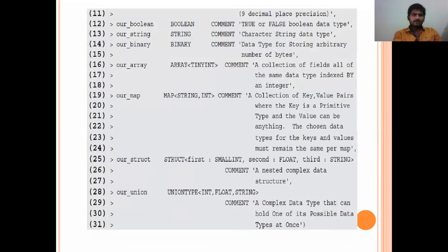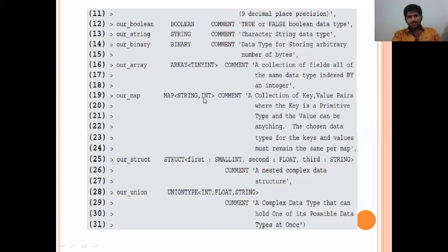See here, we have boolean. Boolean shows true or false, and string shows characters. Then binary is a data type for storing arbitrary bytes. Then array: a collection of fields of the same data type, indexed by an integer.